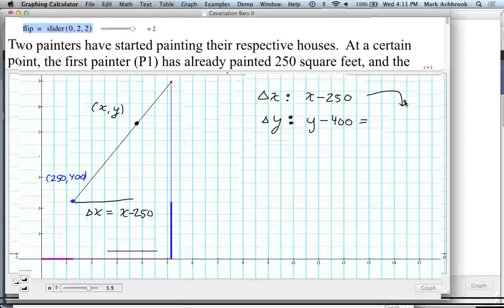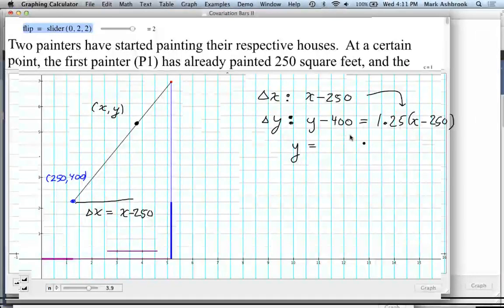Isn't it 1.25 times x minus 250? Yeah. But look at that. So can I just add 400 to both sides? And what do we have?